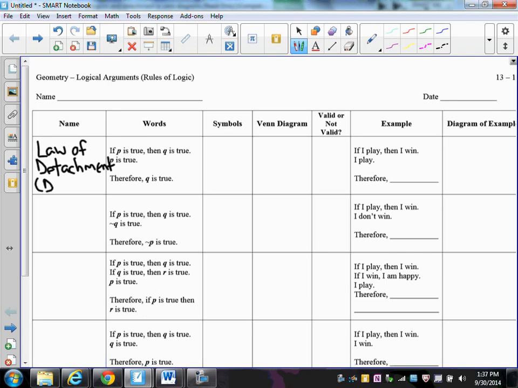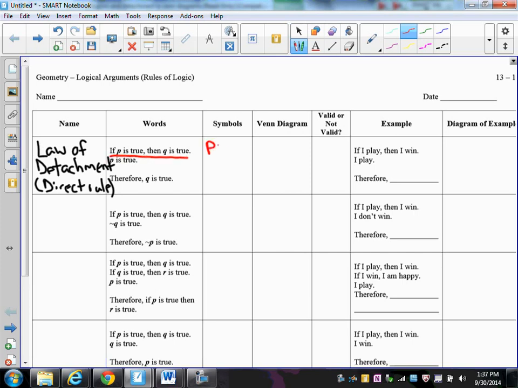Sometimes this is called the direct rule. So again, we have the definition in words. It says if P is true, then Q is true. P is true, therefore Q is true. So whenever we write symbols in this column here, we're going to translate. The first line says if P is true, then Q is true.